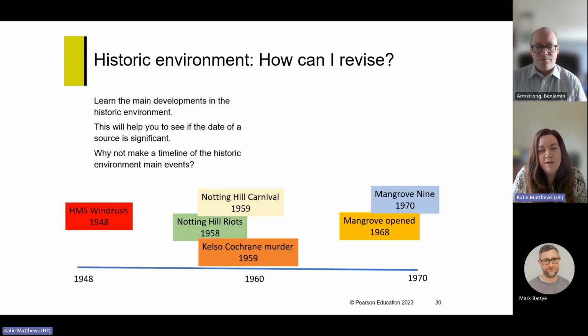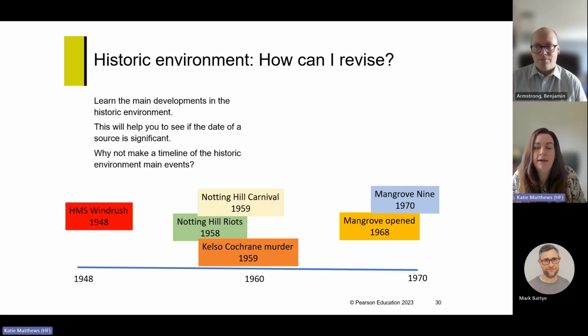Another big favourite for us as history teachers is encouraging you to make timelines. Obviously, we love a timeline. And using that specification, you can pick out what the key dates are, making sure you've got your key knowledge in the correct chronological order.